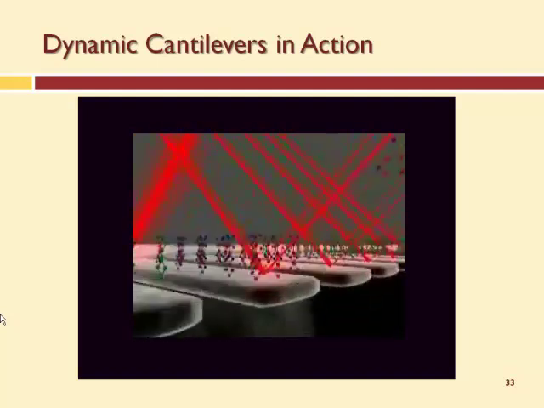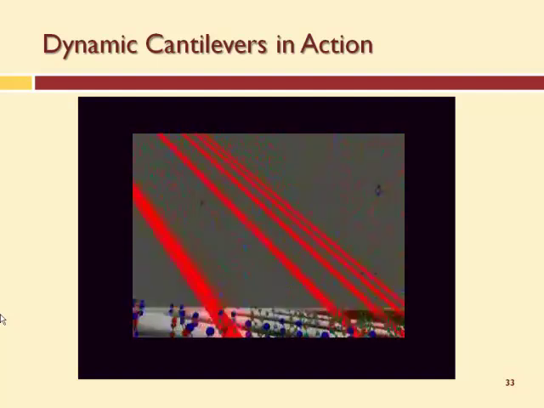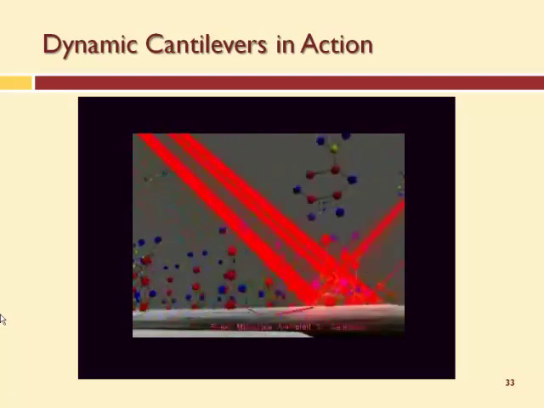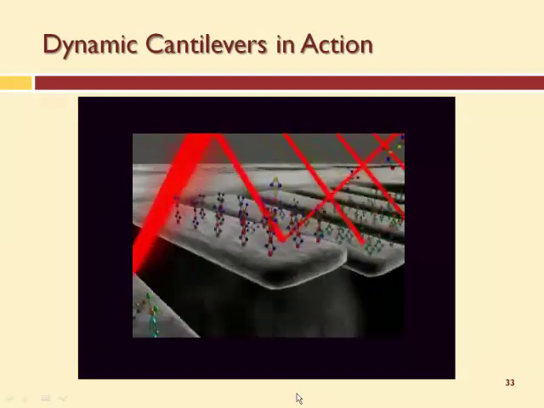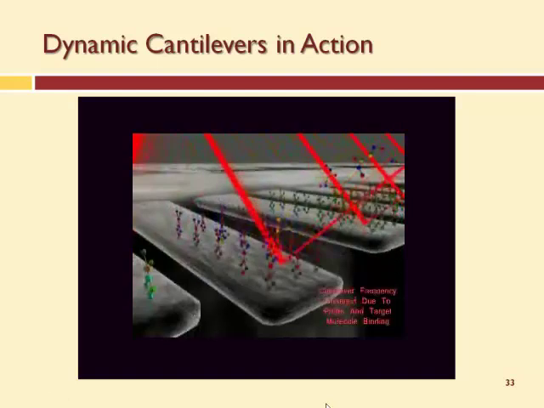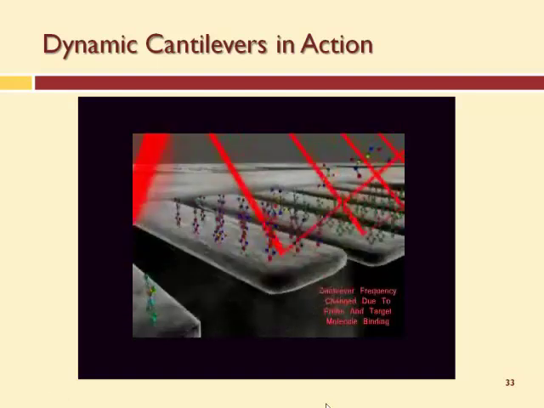By looking at all the beams, you know which one has detected something. So here's your target molecule sticking to the surface. It's a slow run down, and we can do that in class with big macro models of that.